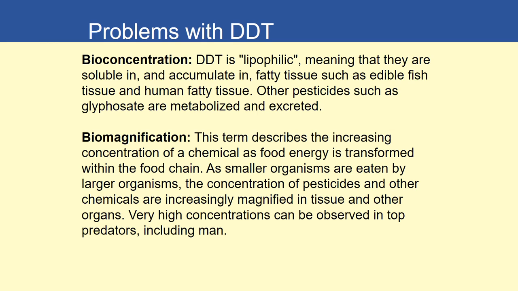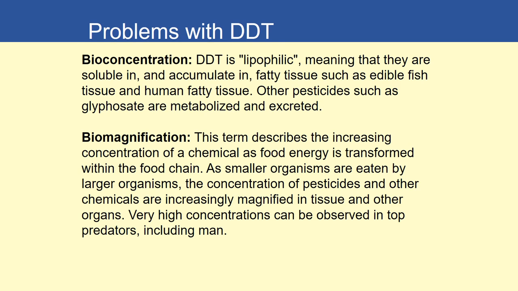So what's the big problem with DDT? If you were in class, I'd give you a couple minutes to research this. But since we're doing this video: DDT is lipophilic, meaning it's soluble in and accumulates in fatty tissue. Things like fish and human fatty tissues will absorb DDT and keep it in.